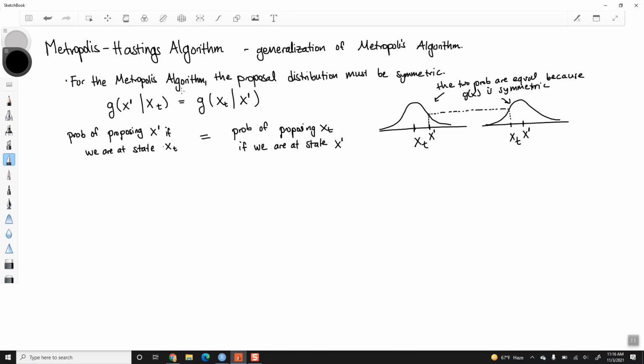The Metropolis-Hastings algorithm loosens this, okay? This does not require that the proposal distribution is symmetric.